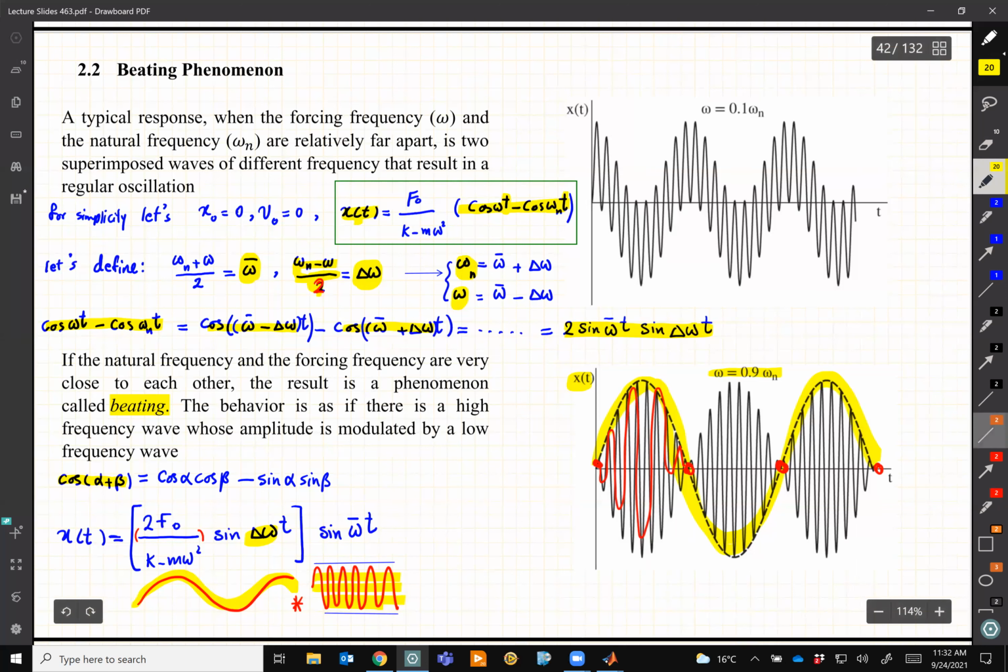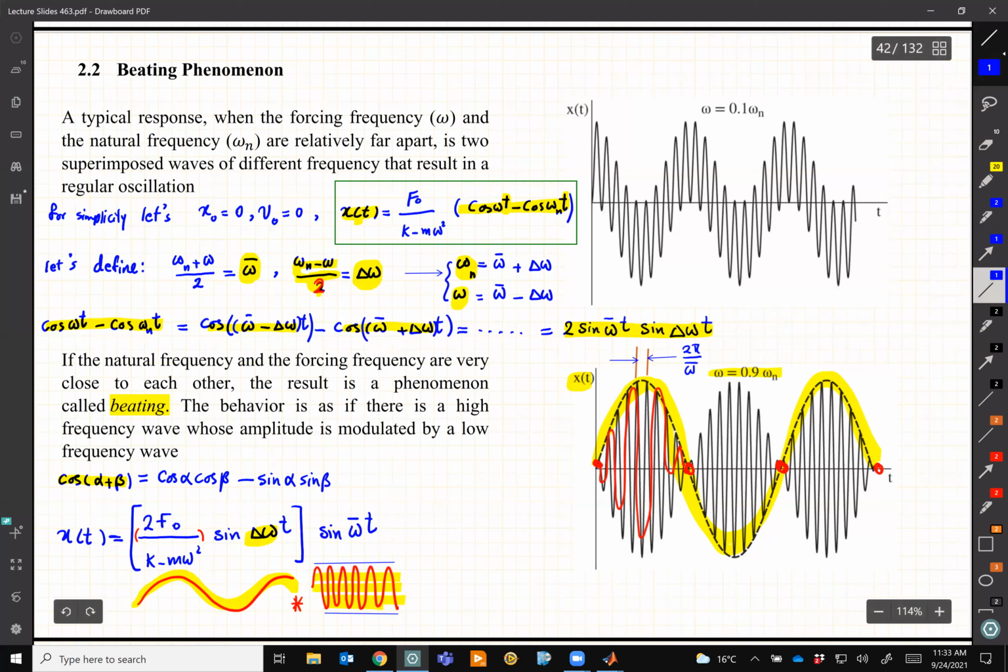So a little bit of information on this graph, this high frequency that we plot here, right? The distance between these peaks, that's the high frequency one. It is 2 pi over omega bar, right? That's the time between the peaks of this high frequency, 2 pi over omega bar.